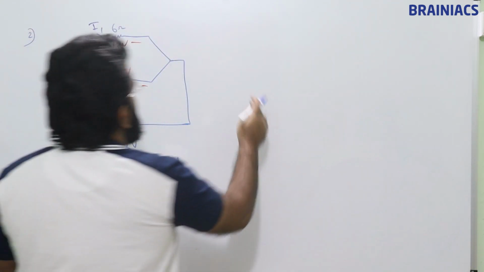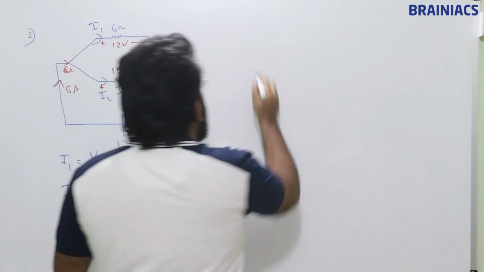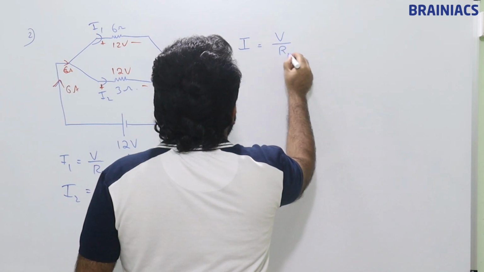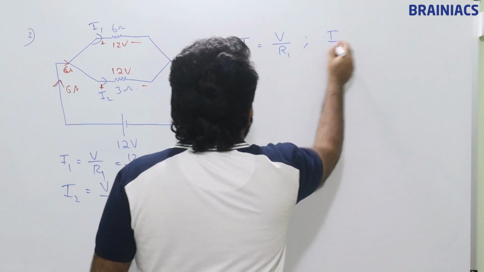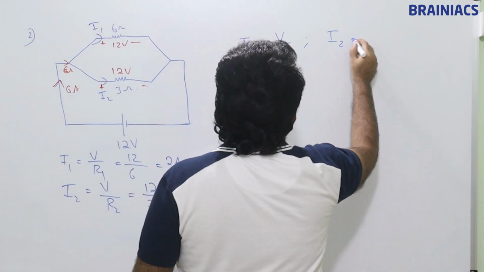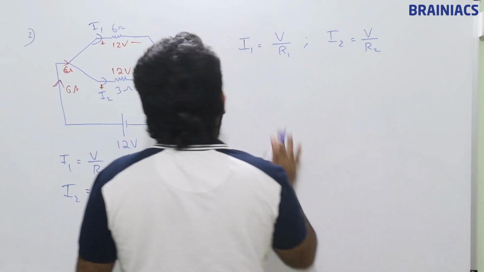Now see students, we will study some tricks here. I1 is equal to V by R1. I2 is equal to V by R2. Clear?